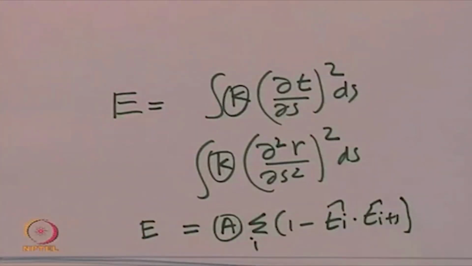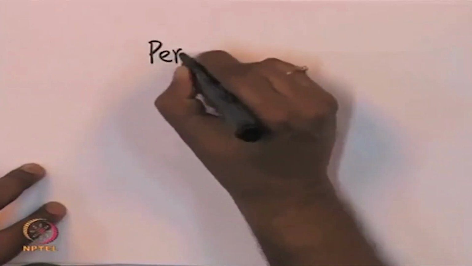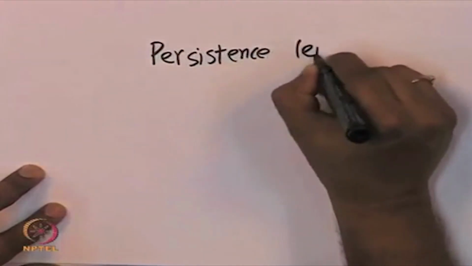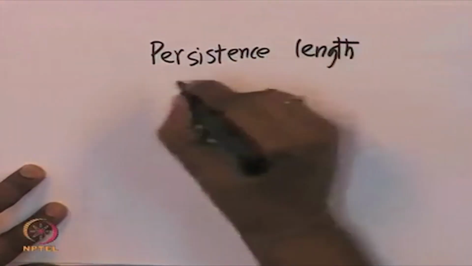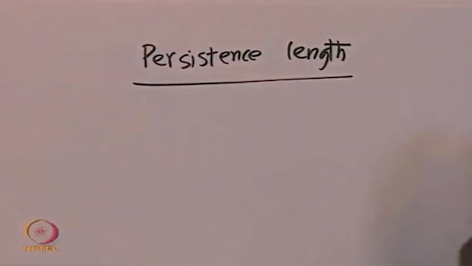This is related to the bending stiffness, and there is a quantity related to this known as the persistence length, which is an important quantity for all biopolymers. I want to discuss what this persistence length typically means.